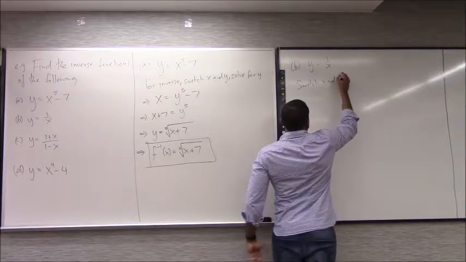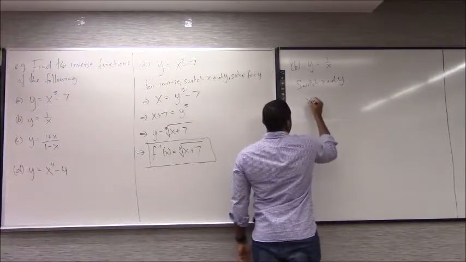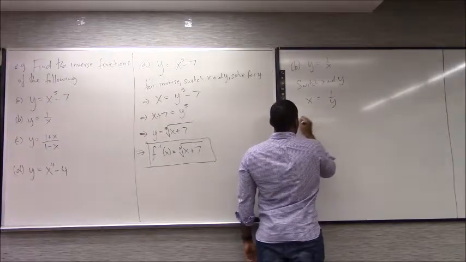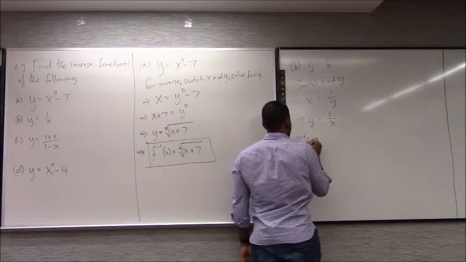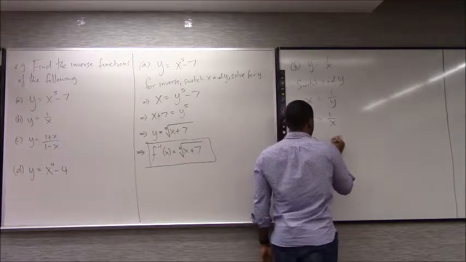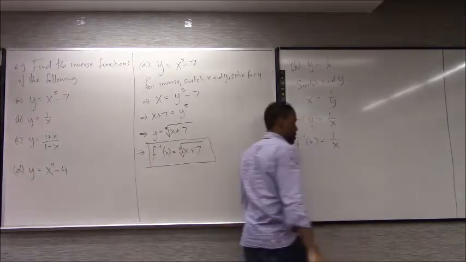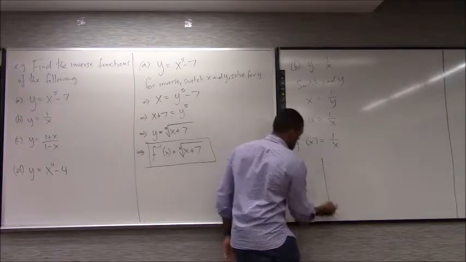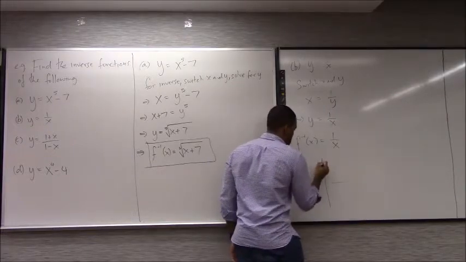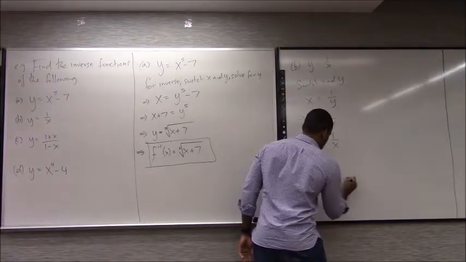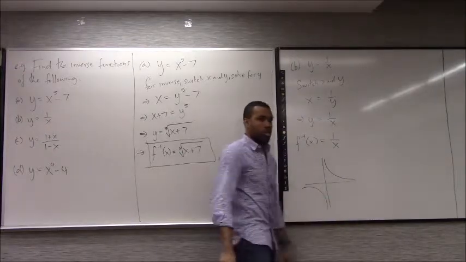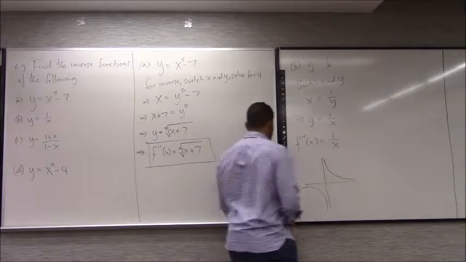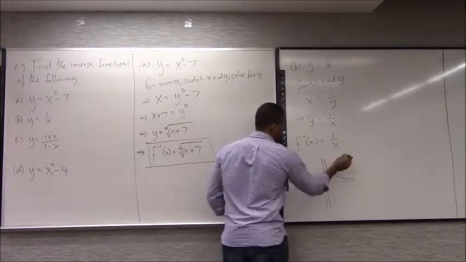Switch x and y, you'll get x is equal to 1 over y, and then you solve for y, you clearly get y equals 1 over x. So it turns out that f inverse in this case is exactly the same as the original function. It's 1 over x. And that shouldn't be strange to you because if you remember that 1 over x looks like this, if you flip over y equals x, you'll get exactly the same picture. You can flip it over here.